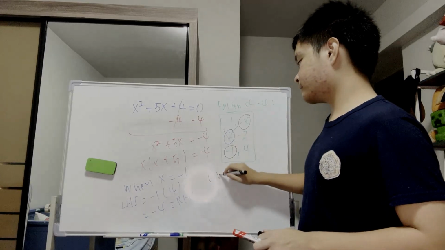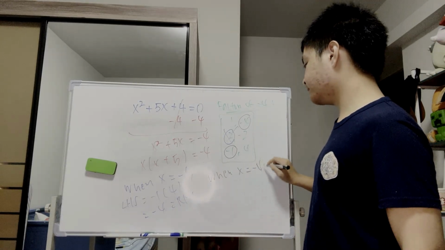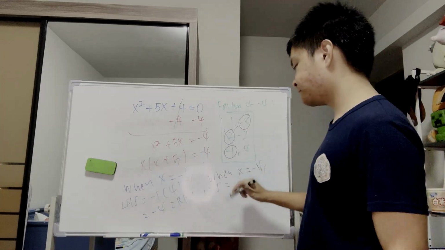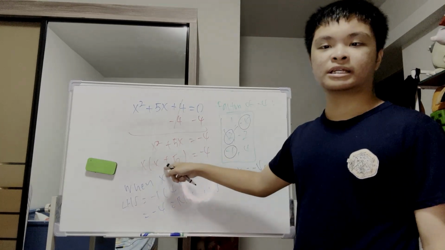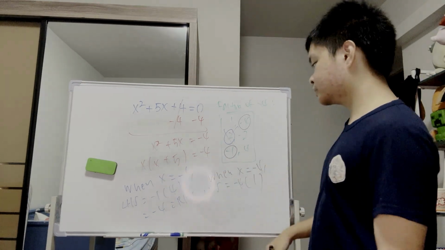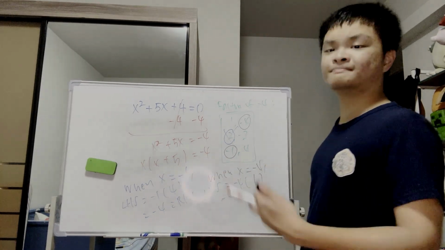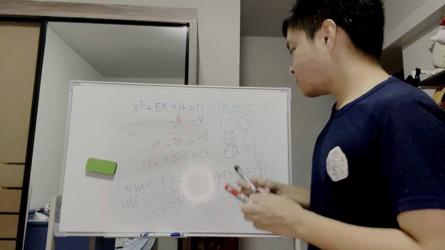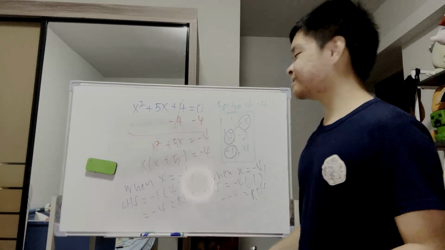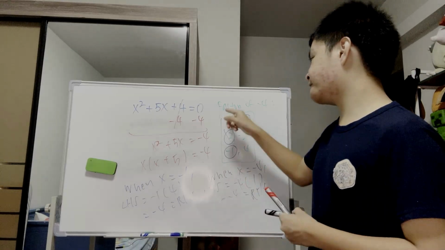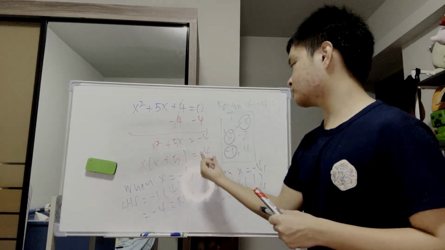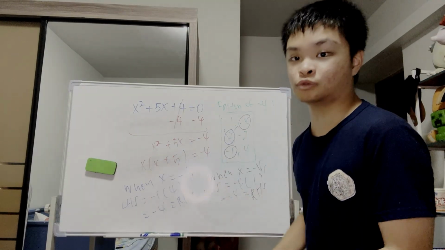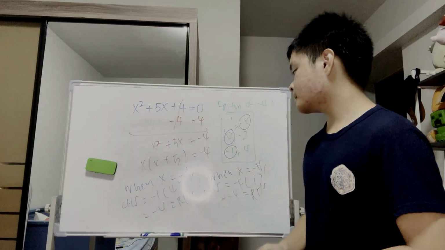So when x is -4, the left hand side is equal to -4 times -4 plus 5, which is 1, which is equal to -4. So if you want to do this method, make sure that the factors of the right hand side, when you plug them into the x, actually equal the right hand side.